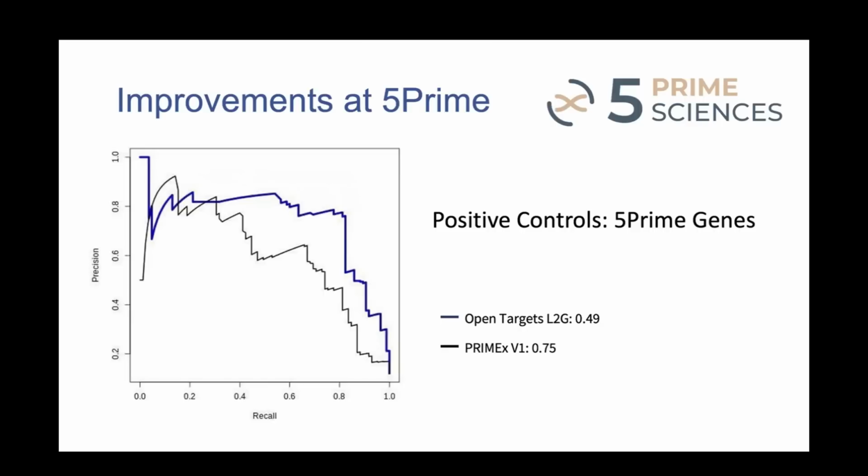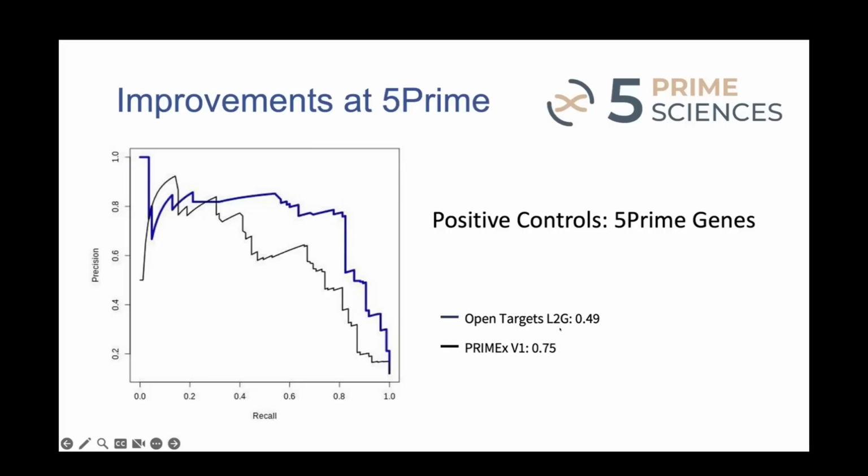And when you compare them, then you magically do better than anybody else who didn't use your same training data. And so this is just a nice example of this. So if you use the training data that PrimeX was used to develop in version 1, you get a very high area under the precision recall curve of 0.75, and it compares very well to Open Targets.